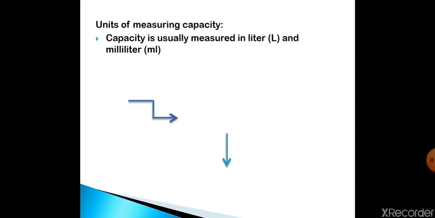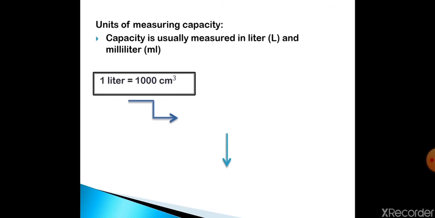Okay, here capacity is usually measured in liter and milliliter. Liter for the big amounts of liquids and the milliliter for the small amounts of liquids. So here the 1 liter equals 1000 cubic centimeters. And as we said in the previous slide, the cubic centimeter is already the milliliter.